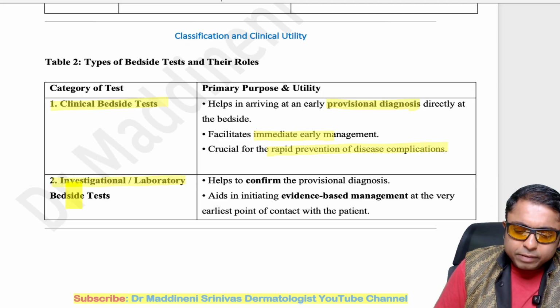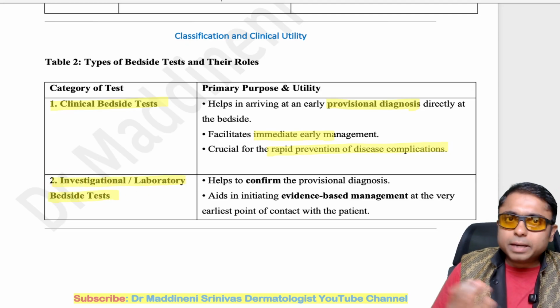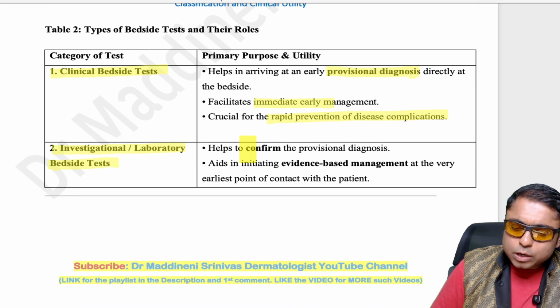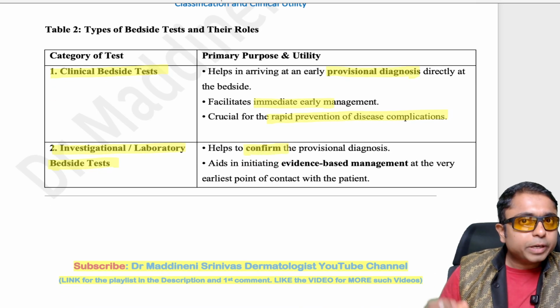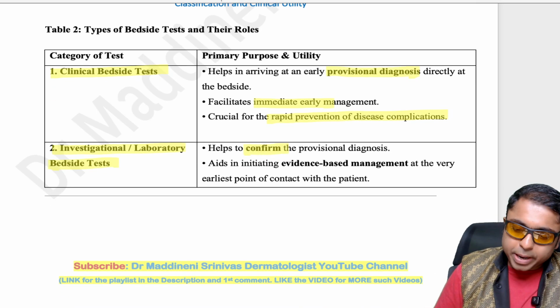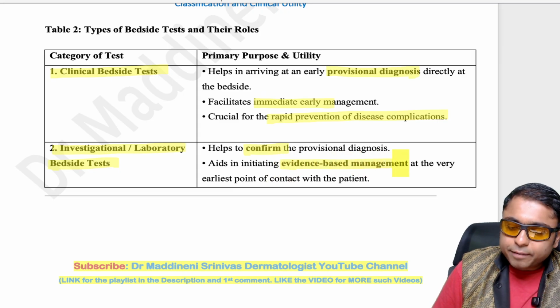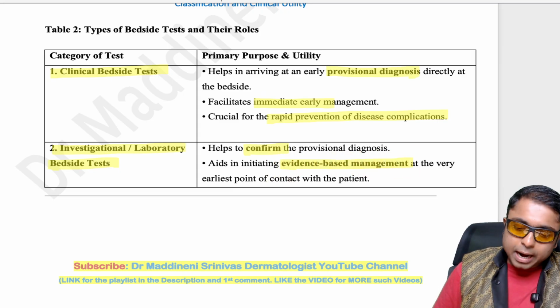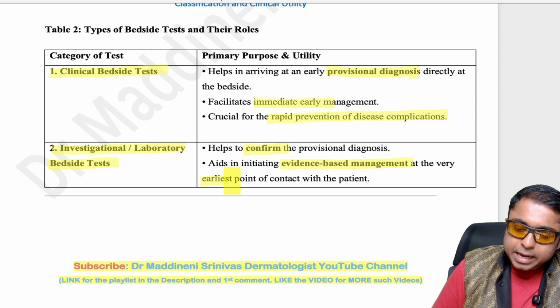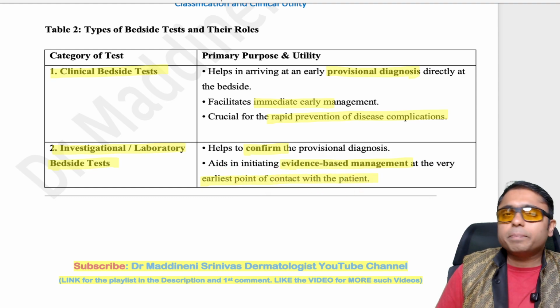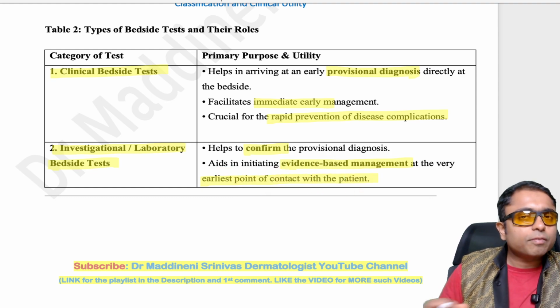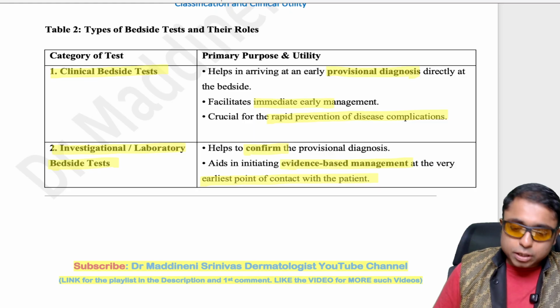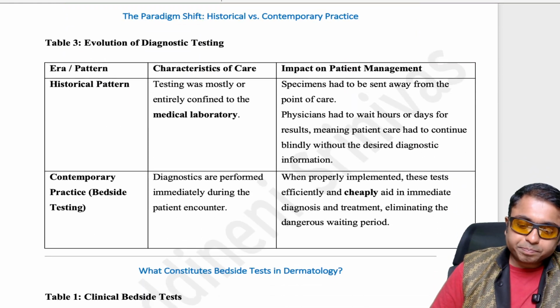And there are certain investigational or laboratory based bedside tests. These help in the final confirmation of the provisional diagnosis we have made, and this will aid in evidence based management at the very earliest point of contact with the patient. Whenever we get the confirmation, we can treat the patient with evidence based management.